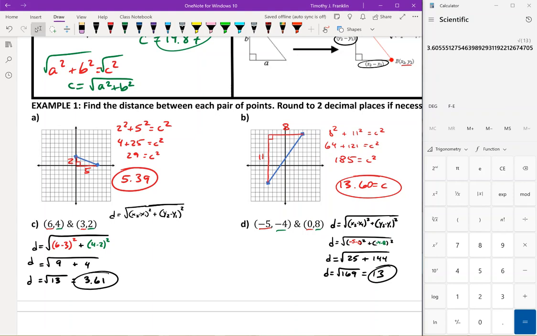So if you have a picture, just find the side lengths, right? Draw the triangle, count them up, use the Pythagorean theorem. If you just have 2 points, use the formula. Don't get too caught up in what it looks like. Find the distance between the x values, square it. Find the distance between the y values and square it. Add those together, take the square root.